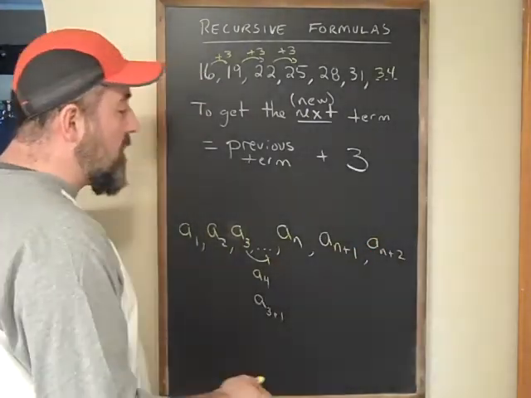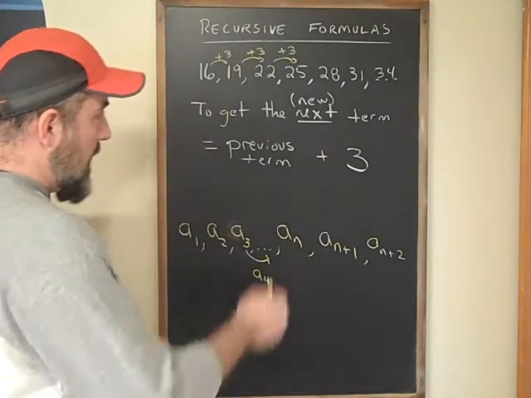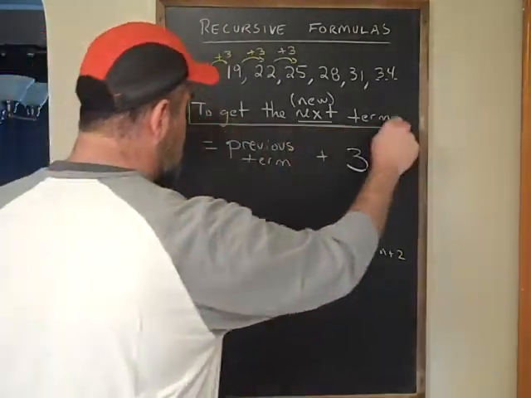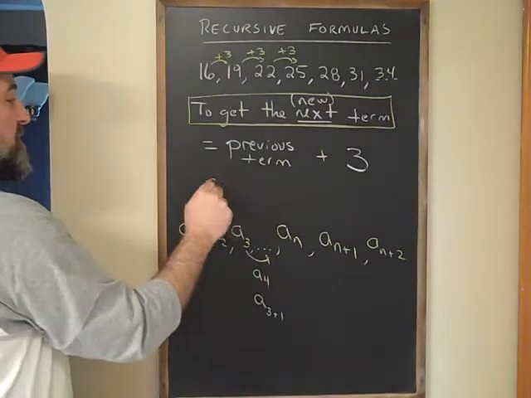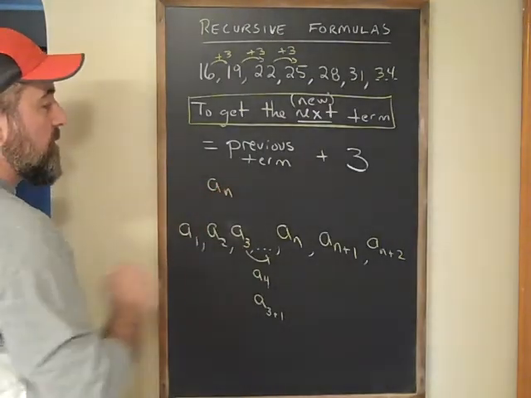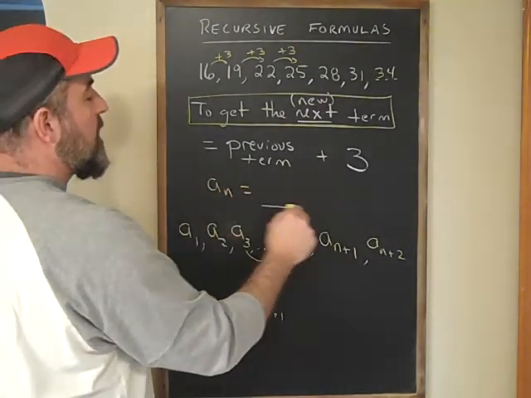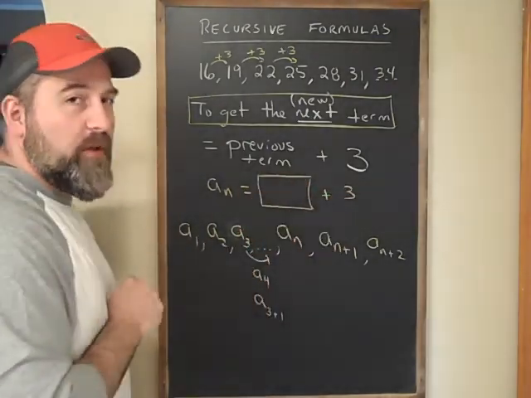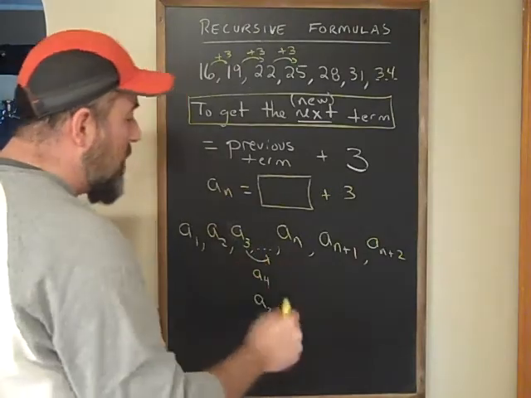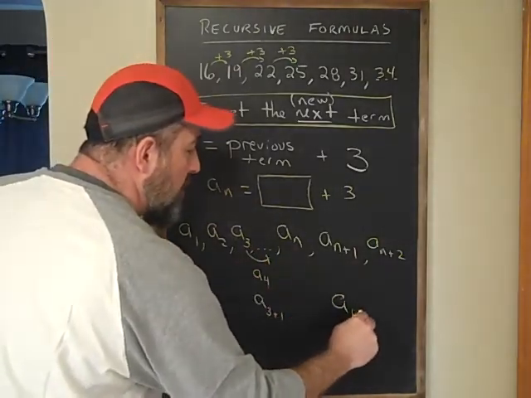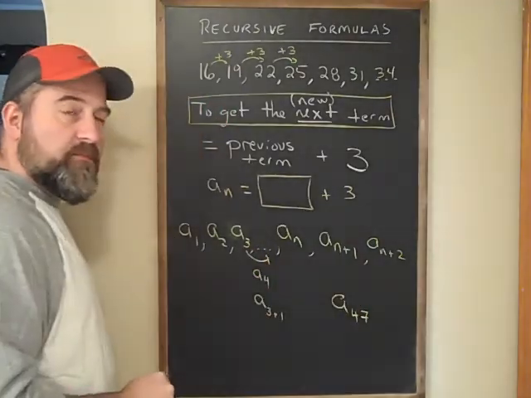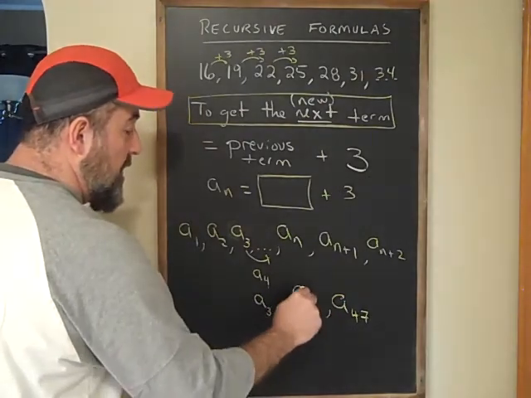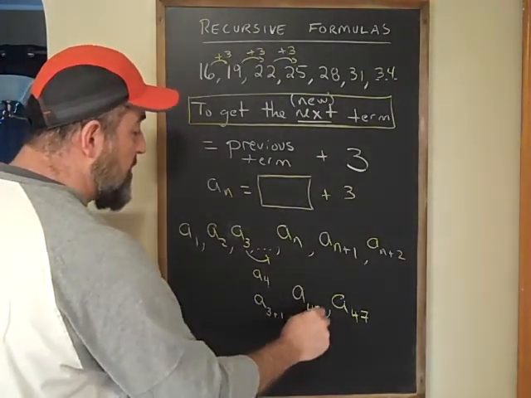This could go on. So any term in the sequence is going to be a sub n, and it's going to equal the previous term plus 3. Now I have to figure out how to write the previous term. Well, if I want to know what's the term before the 47th term, you would know it's the 46th term.